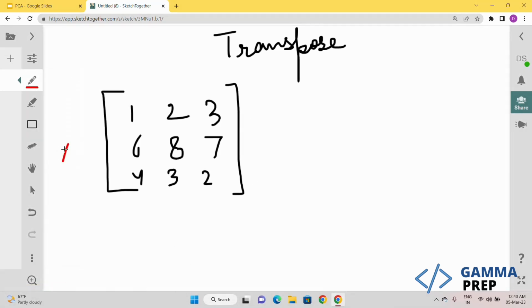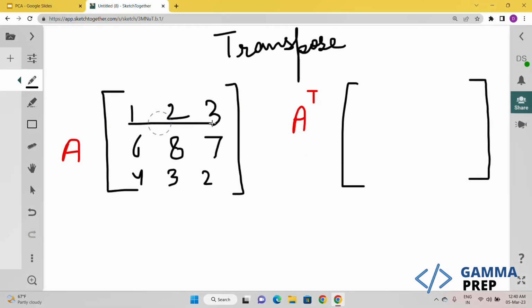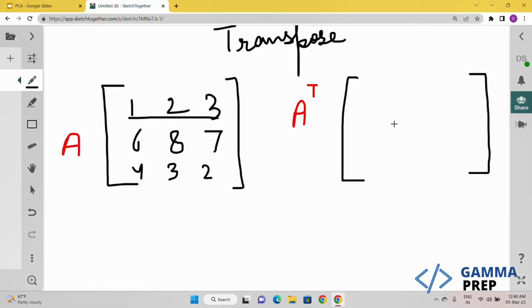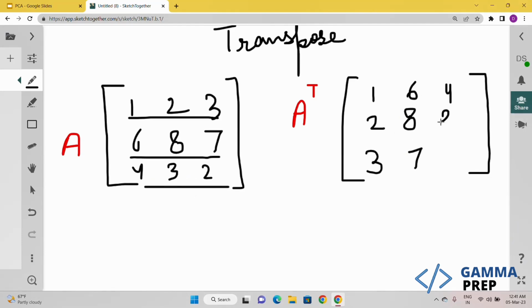So if this is A, I want to figure out what is A transpose, right? This first row will become the first column, that is 1, 2, 3. Then 6, 8, 7 is the second row, so it becomes the second column, 6, 8, 7. Then 4, 3, 2 is the third row, it becomes the third column, like this.